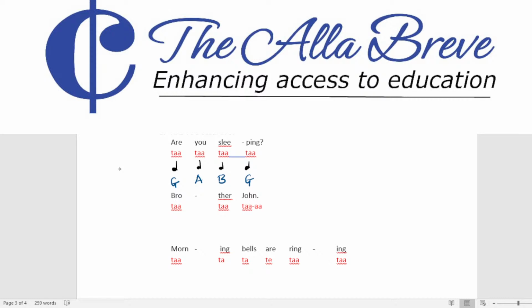Next, Brother John, crotchet, crotchet, ta, this is a minim.